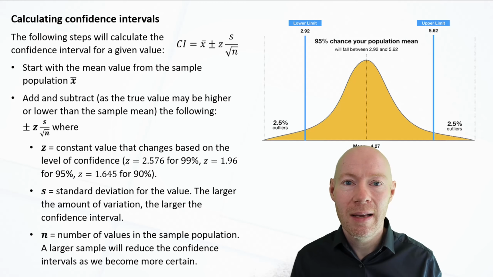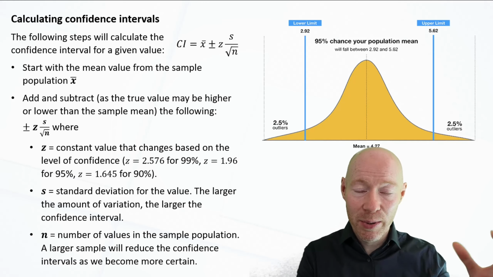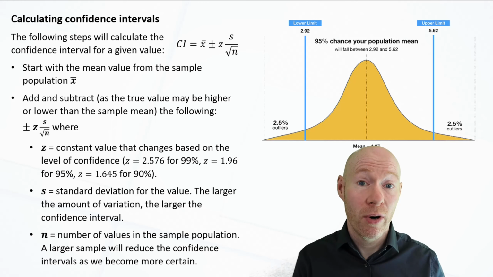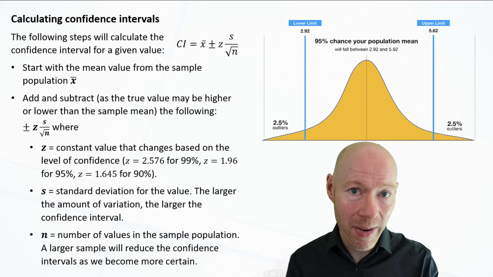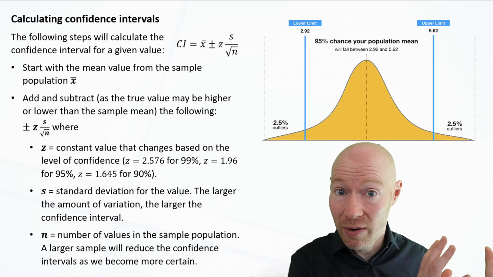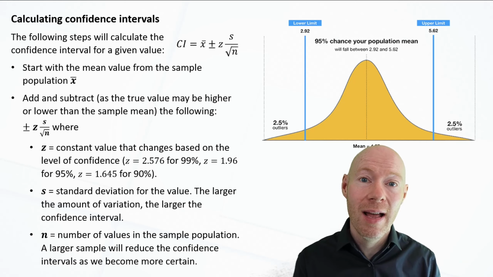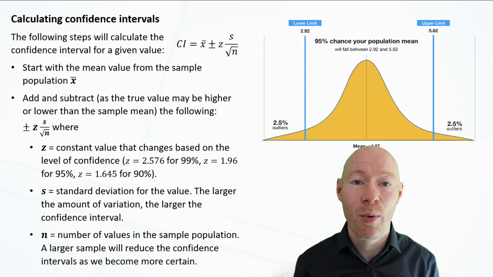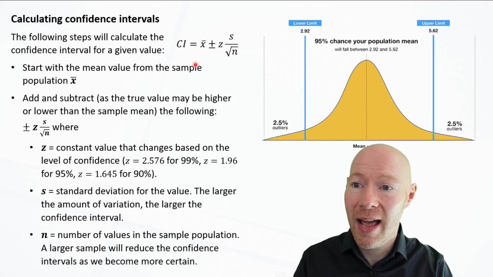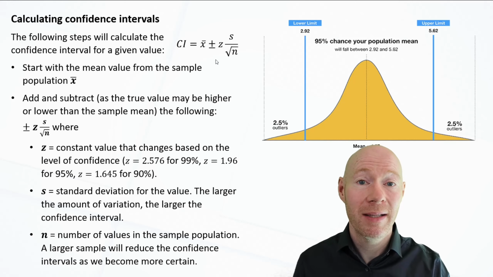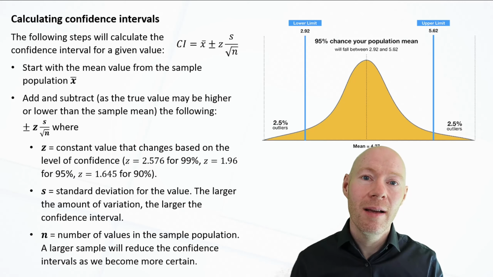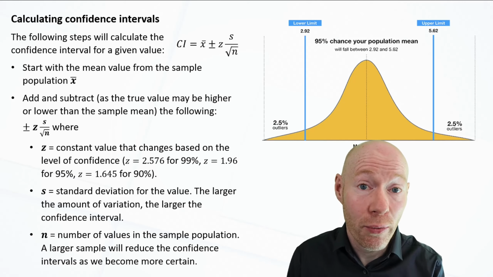So as we sample more values, as our sample size becomes larger, we can be more certain that what we are measuring, seen through our mean and our standard deviation, is truly reflective of the whole population, and it means our intervals can become smaller as well. So if we think about the equation that we have over there, each of the bits make individual sense. They are things that widen or shrink the interval for good reasons.